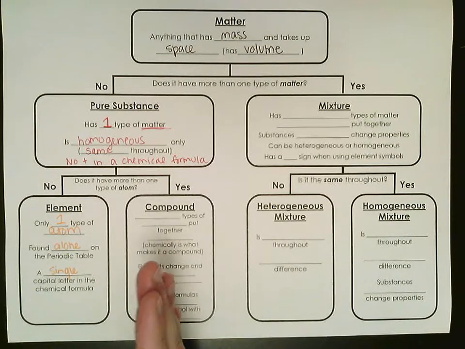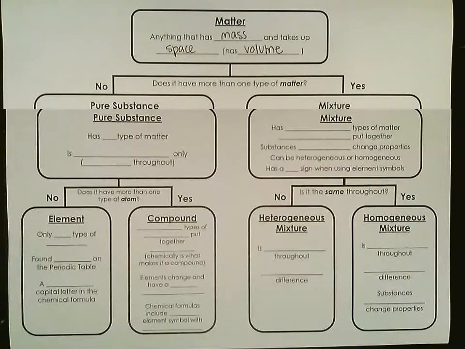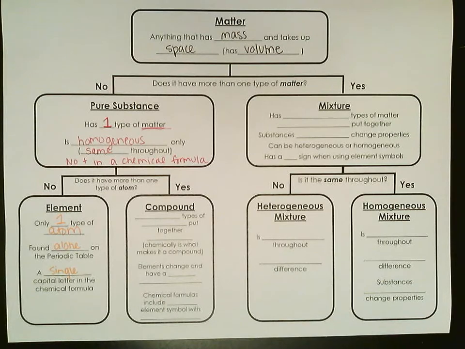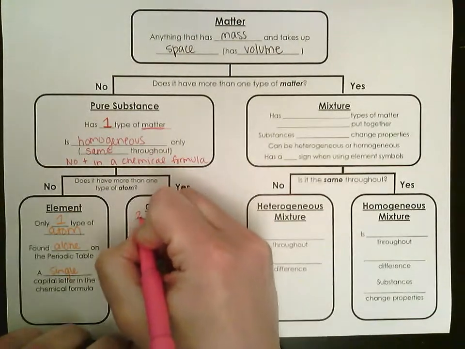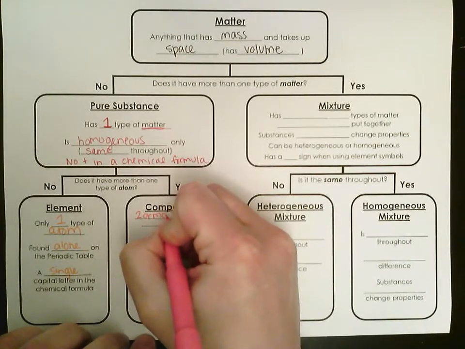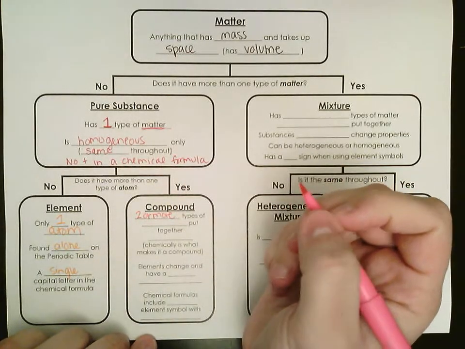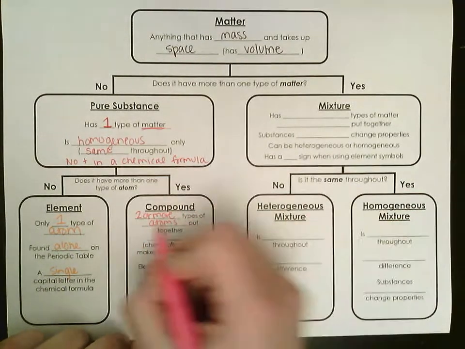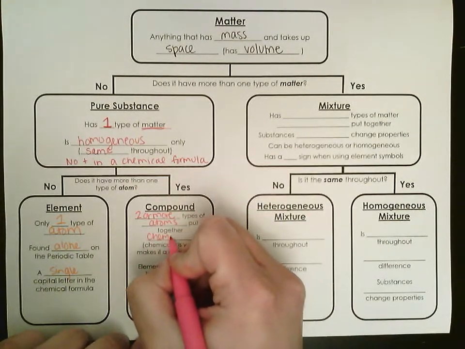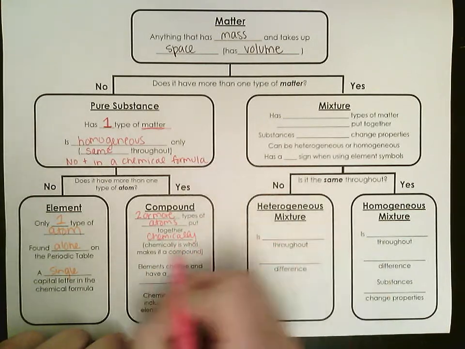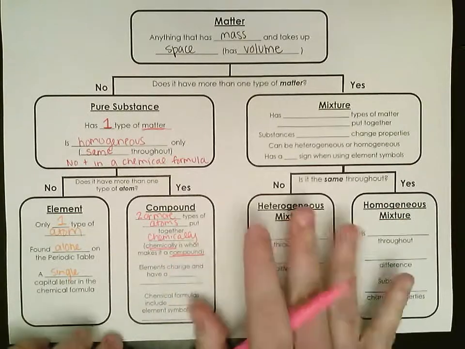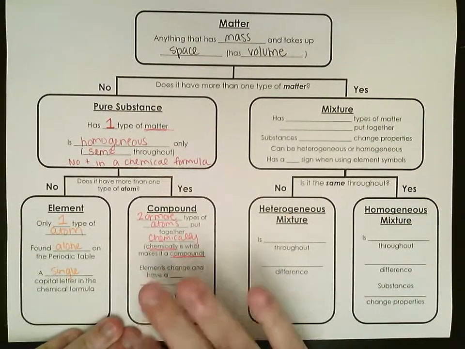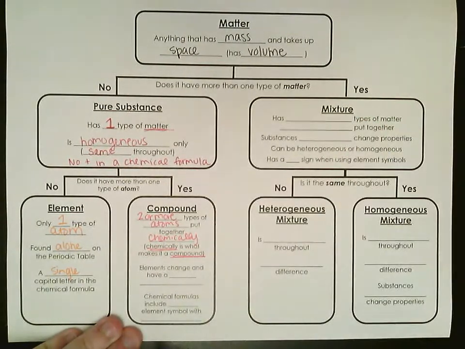Now our other option for a pure substance is a compound. A compound has to be made of two or more types of atoms put together chemically. Now, it's important that we say chemically here because if it's put together physically, we'll see in just a second, we're going to consider that a mixture.